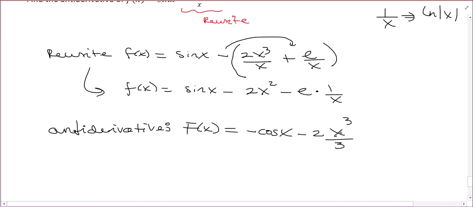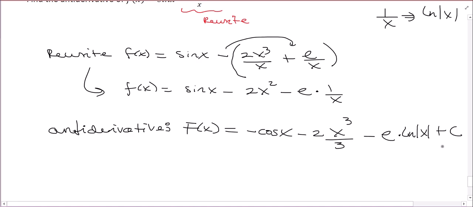Add 1 to the exponent, divide by the new power, minus e times the antiderivative of 1 over x. Now, e is just a constant in this case. This is not e to the x, so the e is just the number 2.718. So this is going to remain a constant, so e times the natural log of absolute value of x plus a constant.